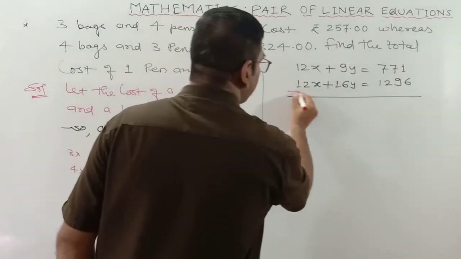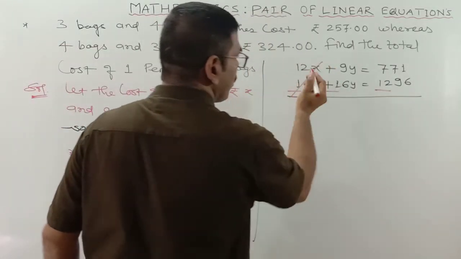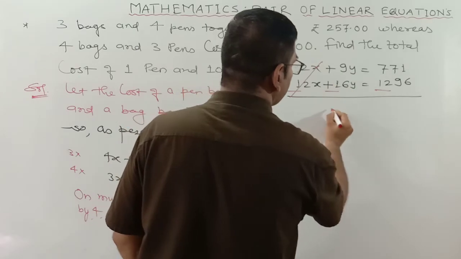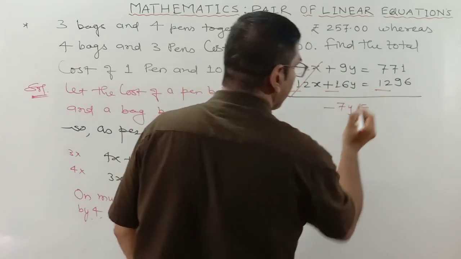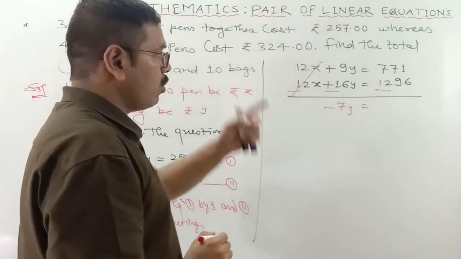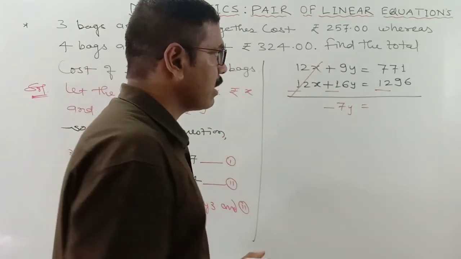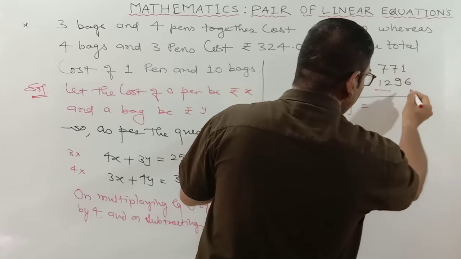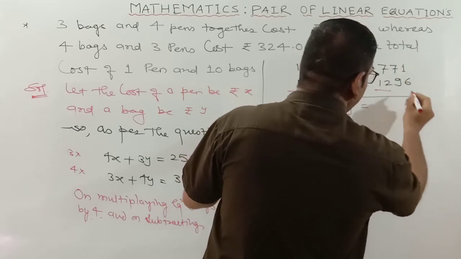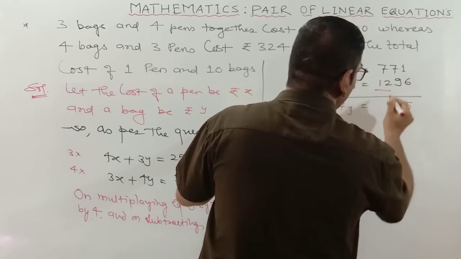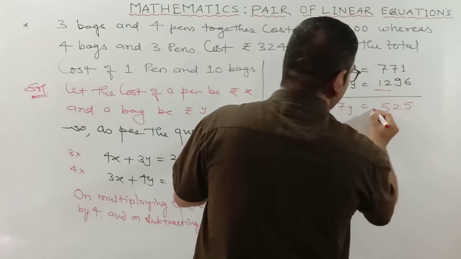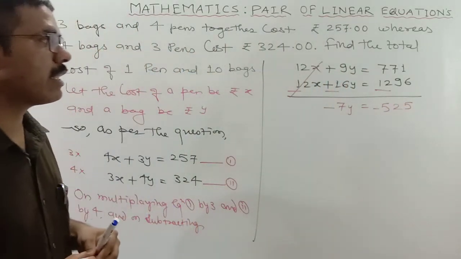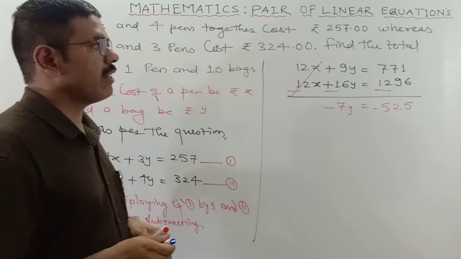Now we are just subtracting. The 12x will cancel out, 9y minus 16y is minus 7y. Okay. Now 1296 minus 771. We'll just subtract. Is it clear? 525.